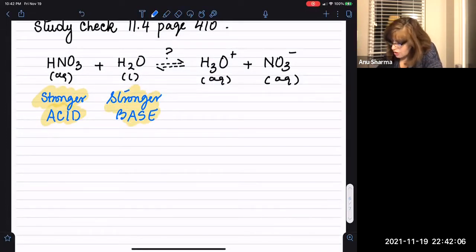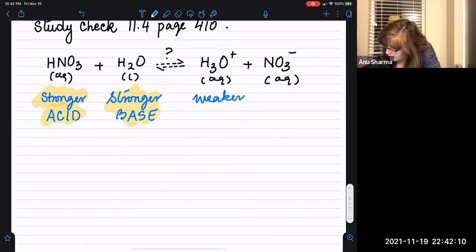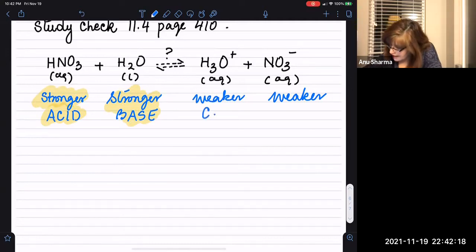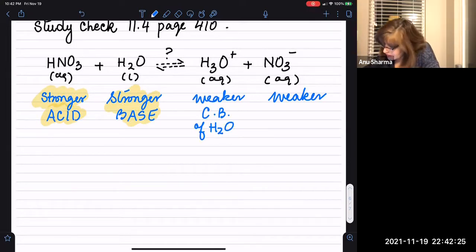Now, if that is strong, obviously these are going to be weaker. So this is also weaker. This is also weaker. The only difference now is the hydronium ion is coming from the water, so this is the conjugate acid of water, and this is the conjugate base of HNO3.